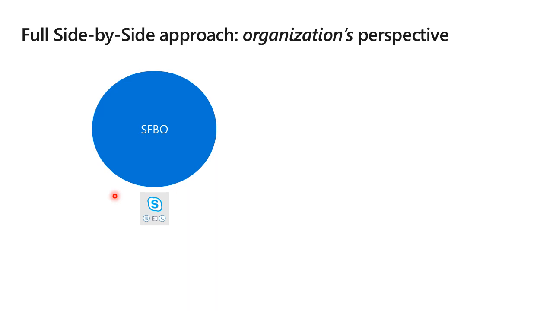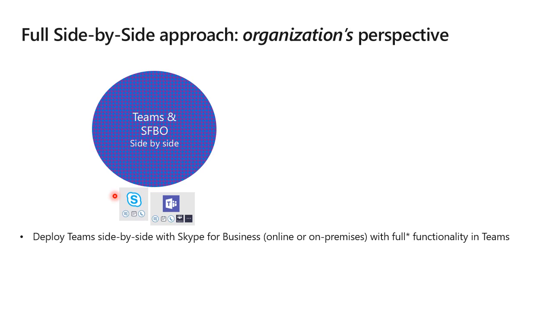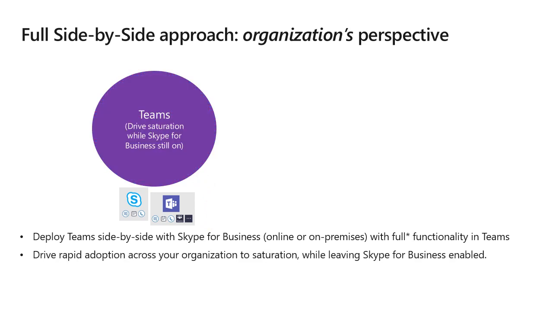As we go about this full side-by-side approach, we deploy the Teams application side-by-side with Skype for Business. Now, again, this could be online or on premises, but we'll focus on the simplistic Skype for Business online environment first. And the key here with this full side-by-side approach is to ensure that we have this saturation of deployment of the Teams application side-by-side with Skype for Business.